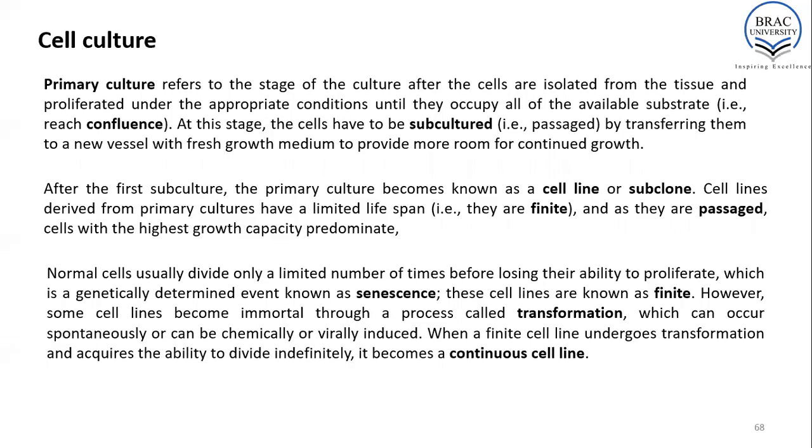The primary culture refers to the stage where the cells are isolated from the tissues and then proliferated under appropriate conditions or a suitable environment until they grow over all of the available substrate, and this growth is called confluence.